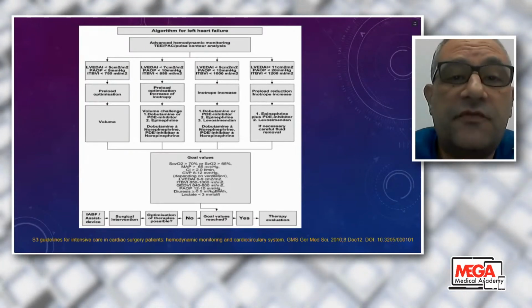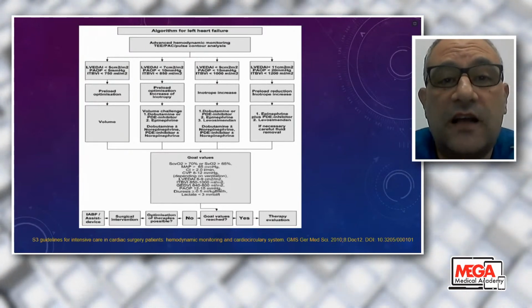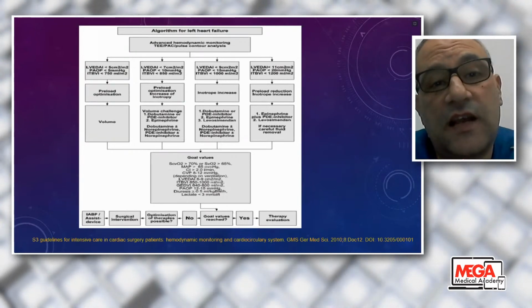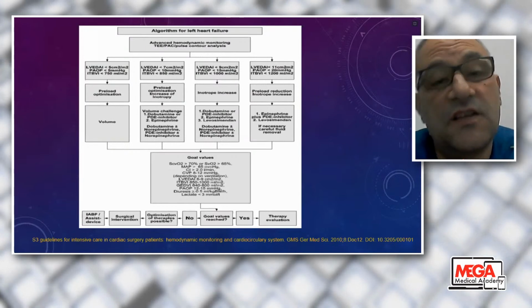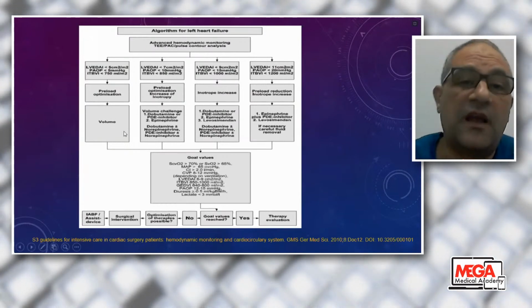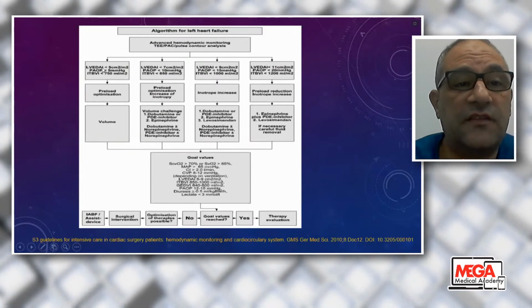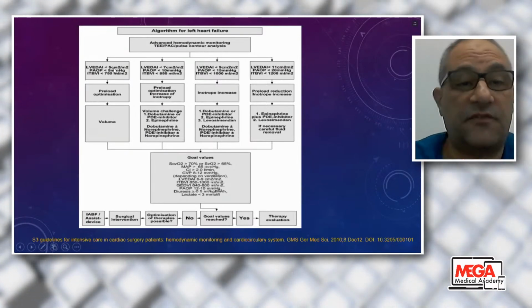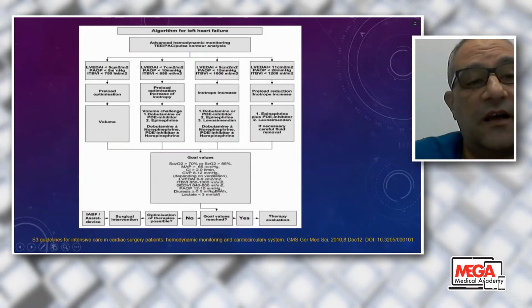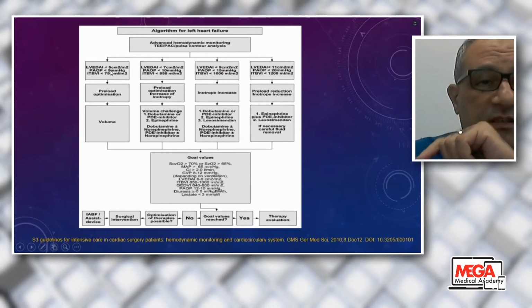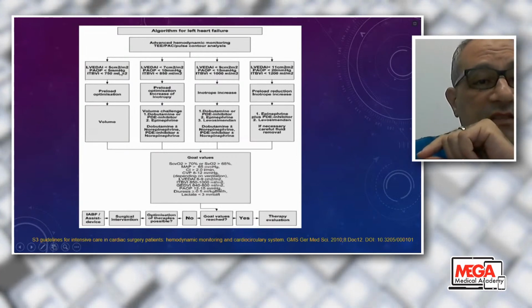If we have a left heart failure and we are using an advanced hemodynamic monitor, either TEE or pulmonary artery catheter or pulse contour analysis, or the combination of the three. On the left side, we have a left ventricle end diastolic area index less than 5. We're expecting it from 6 to 9. Pulmonary artery occlusion pressure by the pulmonary artery catheter less than 5 millimeters of mercury.